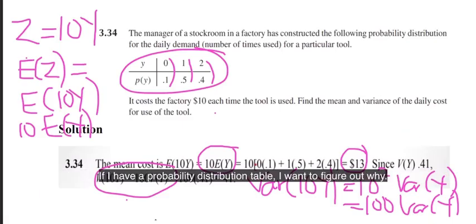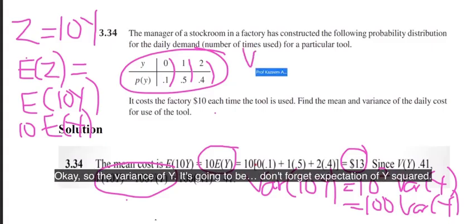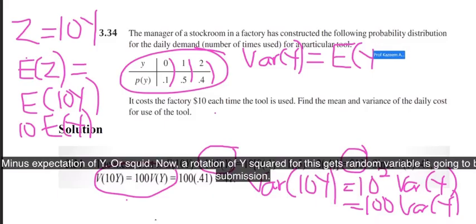If I have a probability distribution table, I want to figure out y. The variance of y is, don't forget, the expectation of y squared minus the expectation of y, all squared.